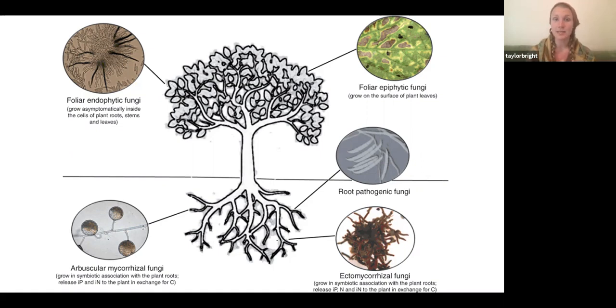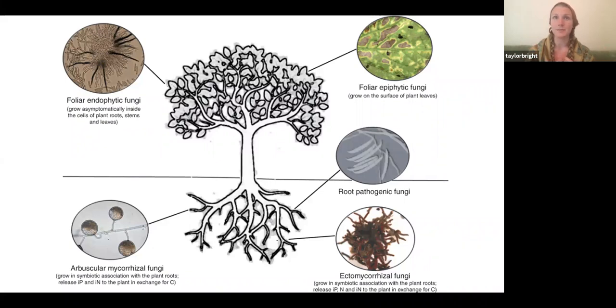In certain trees and in most plant species, we now know that there are fungi called foliar, epiphytic, and endophytic fungi. These fungi live their entire lives in and on the leaves of plants. They're small, tiny, microscopic, non-mushroom forming fungi that are actually very essential for plant health.